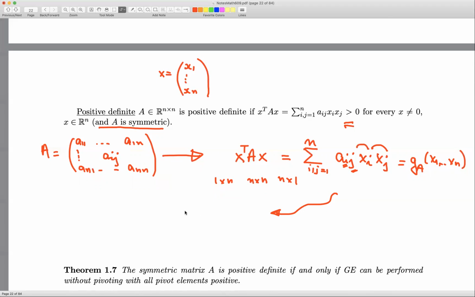And then you may think that's why in some definitions they do not assume that the underlying matrix is a symmetric matrix. They just give the definition of positive definite, because they are just looking at the quadratic form as a function of x1 to xn, and they do not care where it came from.